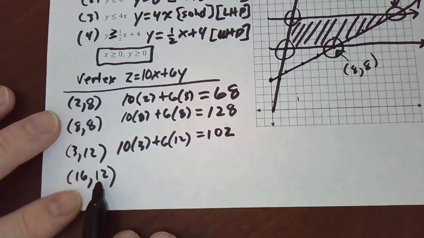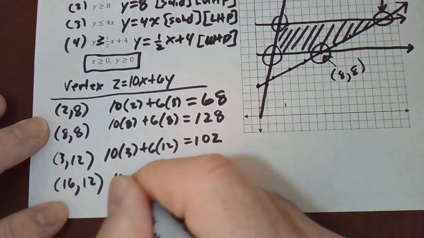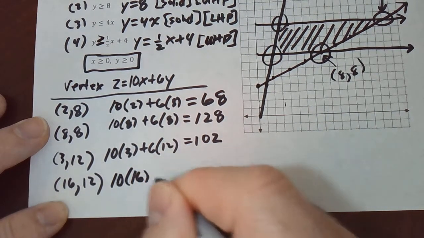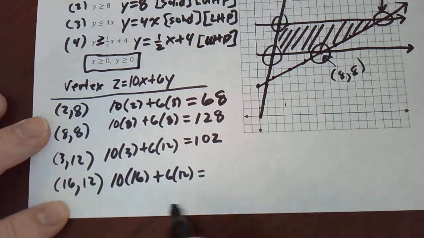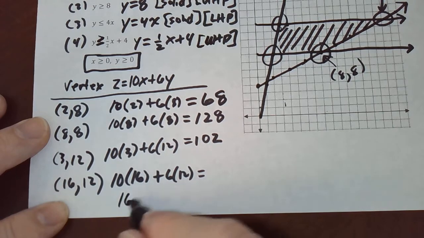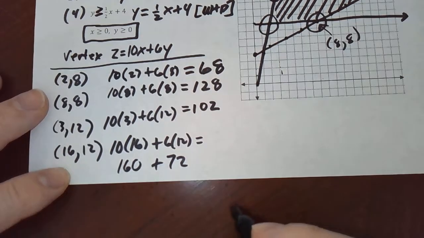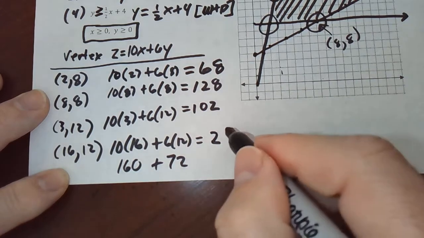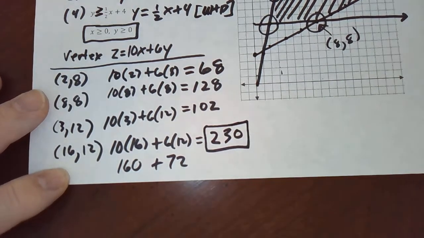I think this one's going to end up being the winner, though, 16 and 12. 10 times 16 plus 6 times 12 is 160 plus 72. So that would be 230. So yeah, that's by far the biggest.